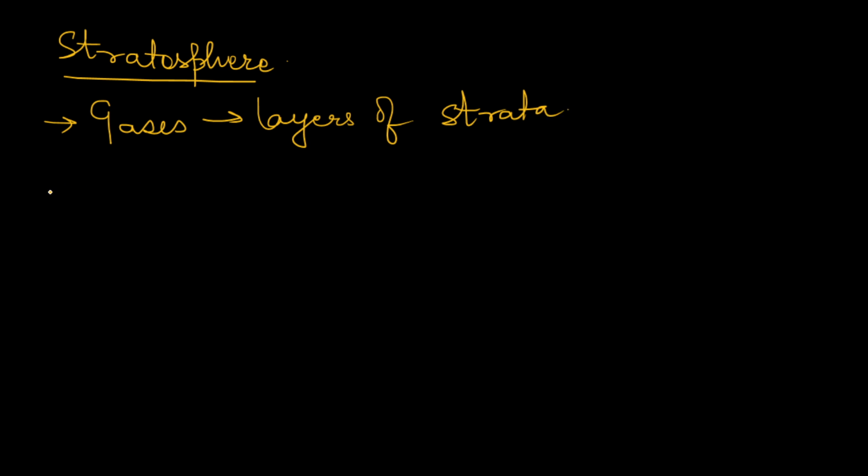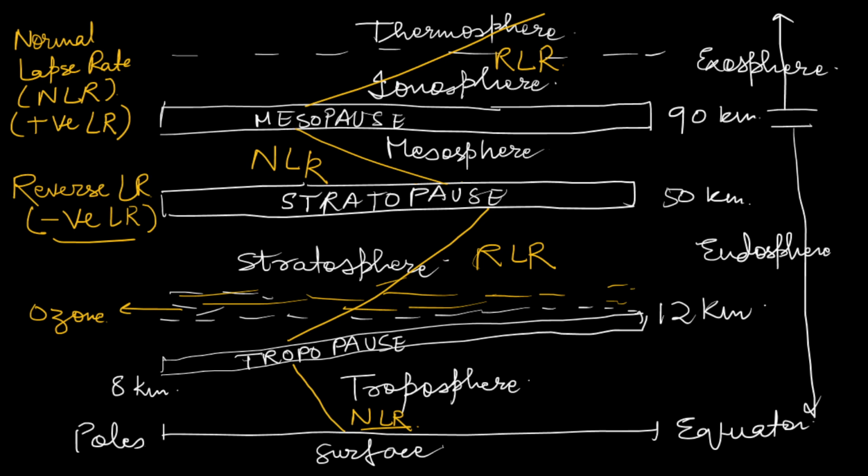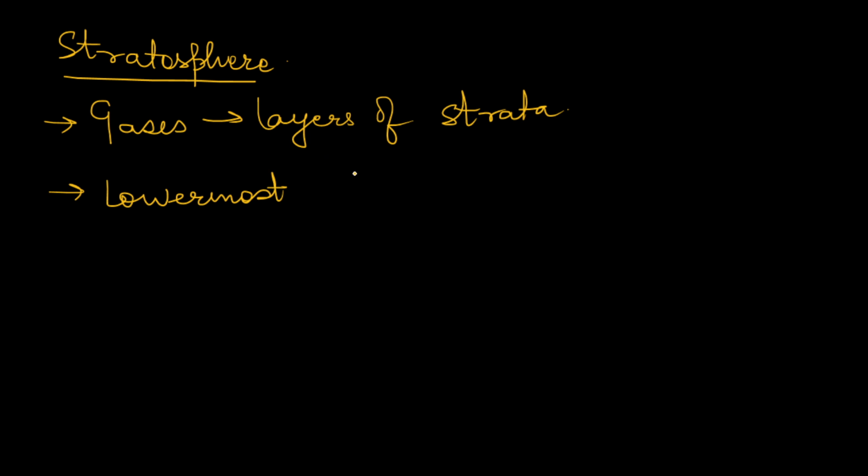At the lowermost strata you will find ozone. As you can see in the diagram also, the ozone is at the lowermost strata of stratosphere, which blocks UV rays.